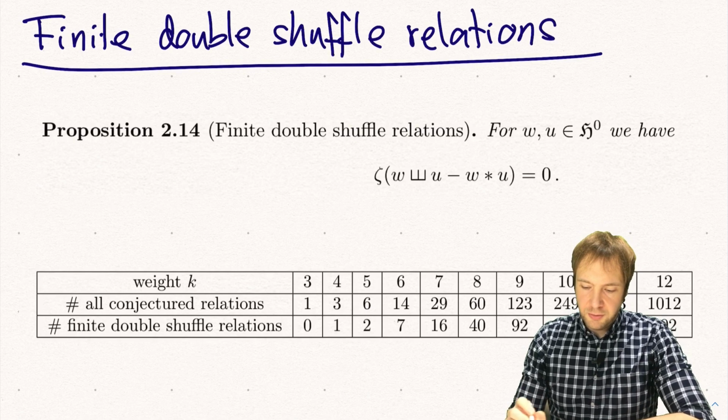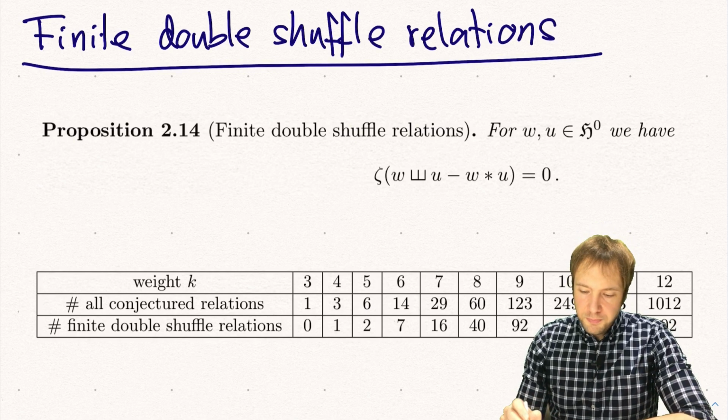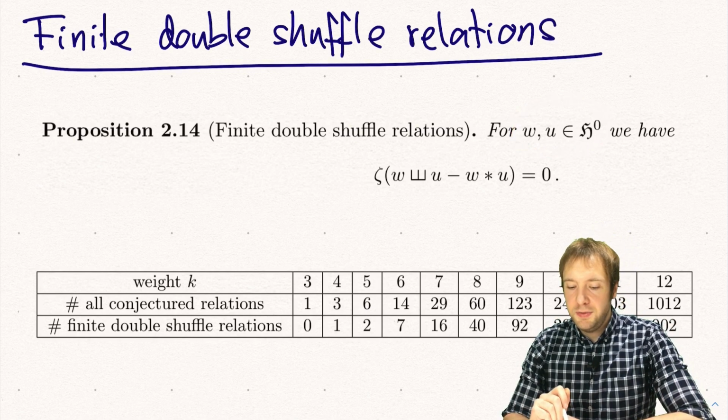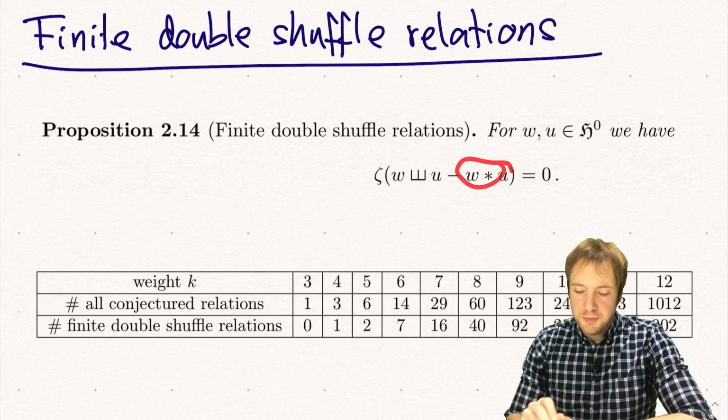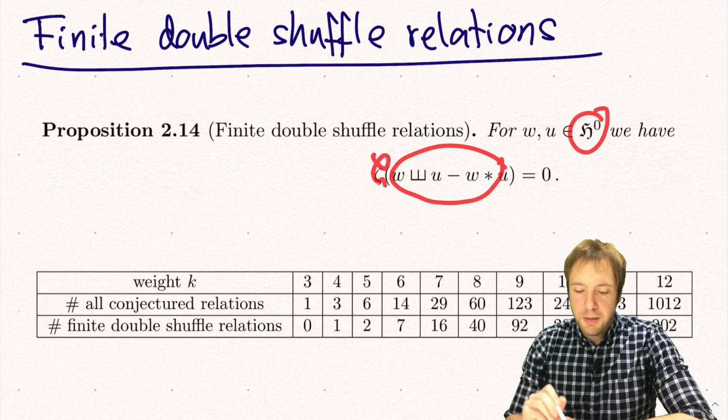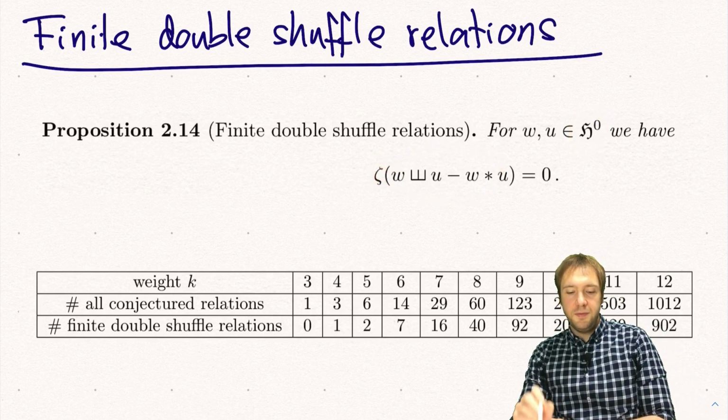So this is just now a consequence of what we did before. If I have two words in H0, then if I take the shuffle product of them minus the stuffle product, which is now again an element in H0, then applying this map zeta to this gives 0.